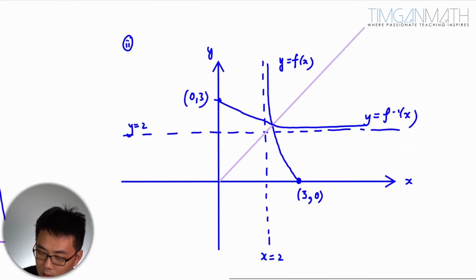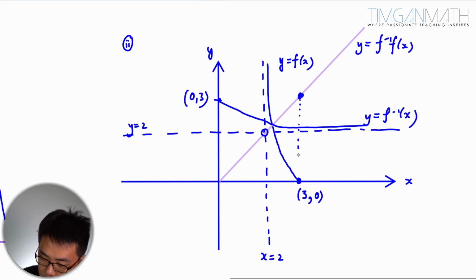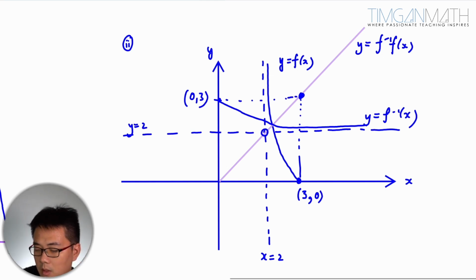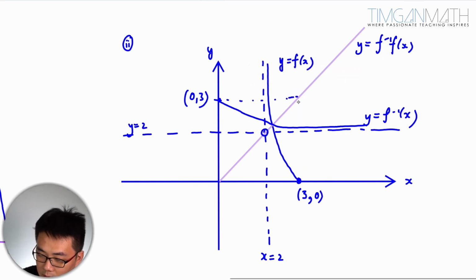2 to 3. So meaning to say this will be my y equals f inverse f(x), with 2 here, not inclusive of 2. 3 will be here. Okay, so this case here will be roughly here.